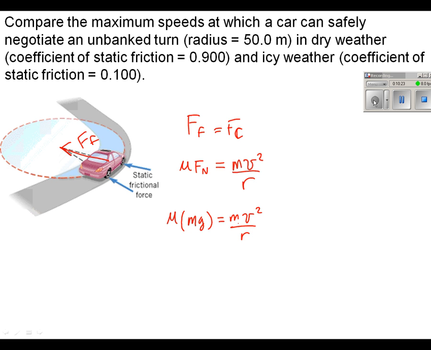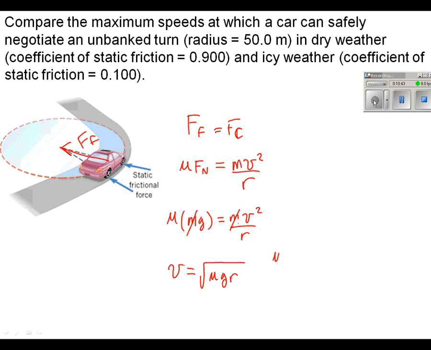And we see that the masses cancel. We want to solve for the maximum speed. So let's go ahead and cross multiply and square root both sides. We end up with a velocity of square root of mu g r. And we're just going to go ahead and plug in our values now.